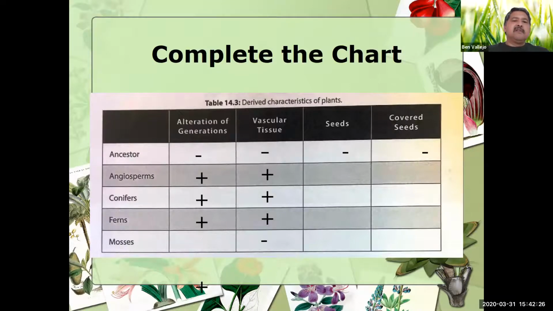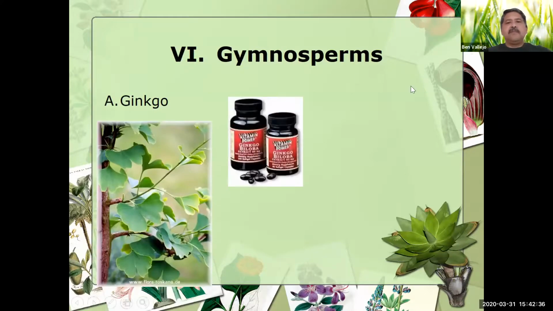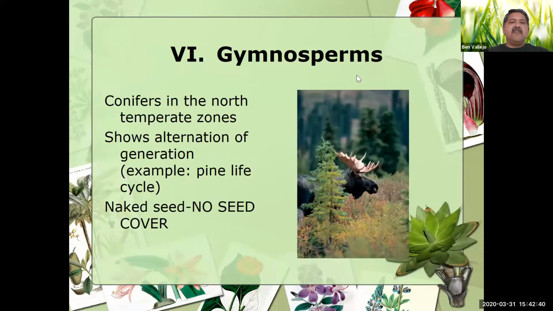So as we take a look at our chart, what we want to fill in right here is that there are no seeds. The gymnosperms, remember, include the ginkgo and the conifers.